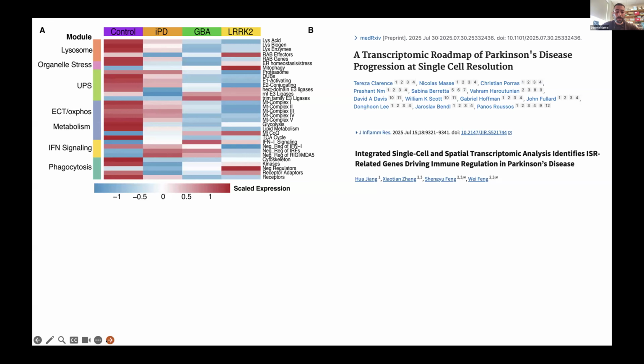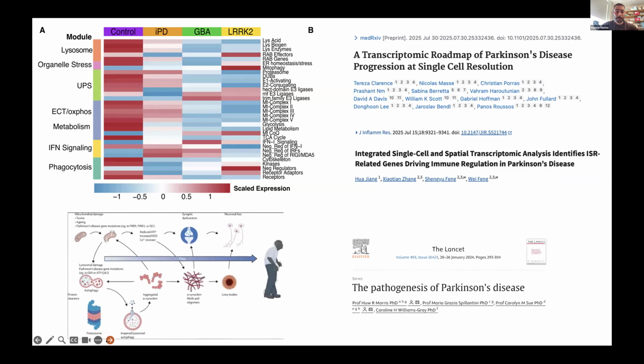And what I find very interesting in this sense is that these deregulations are very similar to what we know is going on in degenerating dopaminergic neurons, where you have loss of proteostasis, probably due to a decreased clearance capacity from lysosomal and proteasomal dysfunctions, mitochondrial stress, and this is believed to be part of the vulnerability and neurodegenerative process in dopaminergic neurons.